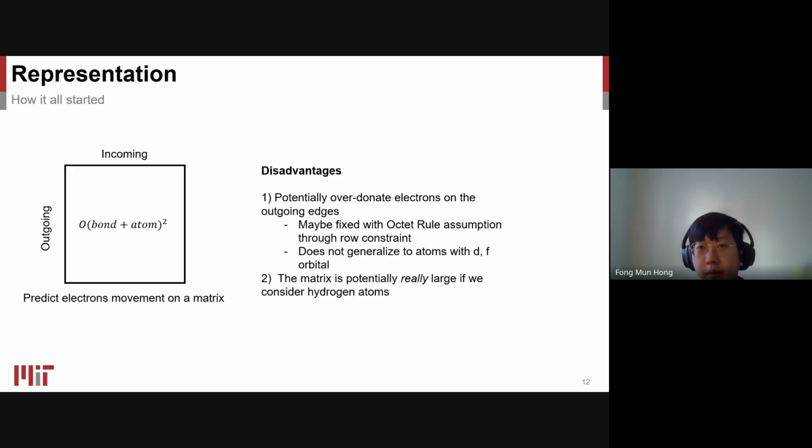Okay. So for example, each row, you would say you can only donate, let's say if you're a chlorine, you would normally form one bond, but in fact chlorine has a d orbital.